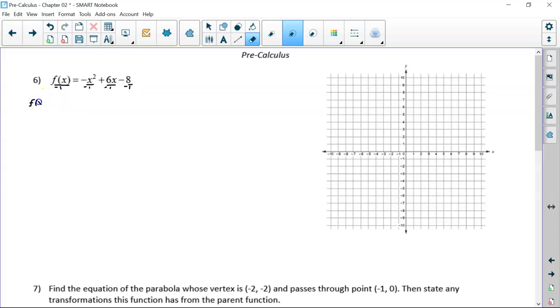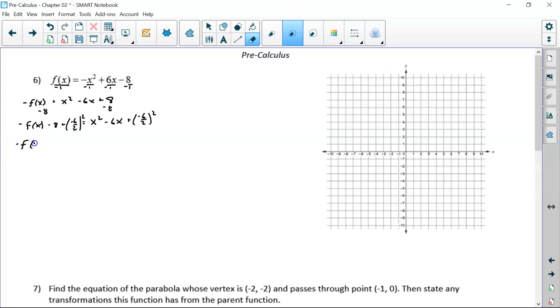So f of x, I'm just going to make that a negative f of x, equals x squared minus 6x plus 8. So I'm going to subtract 8 from both sides. Negative f of x minus 8, leave some space, equals x squared minus 6x. And then we're going to be adding the negative 6 over 2 squared to both sides.